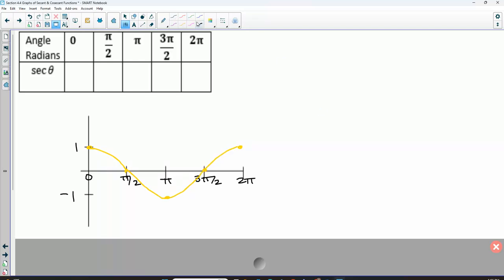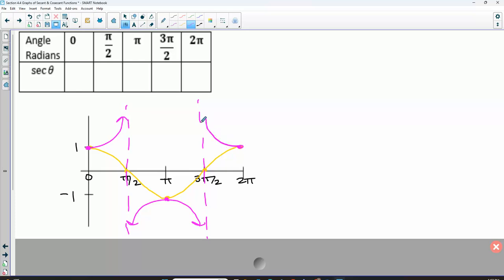So based off that, where should I have asymptotes? If I keep my high and low points like I did on sine, and it's a reciprocal, so it's just turning it away from the x-axis. So this is like half a parabola going up. Here I have a parabola going down.